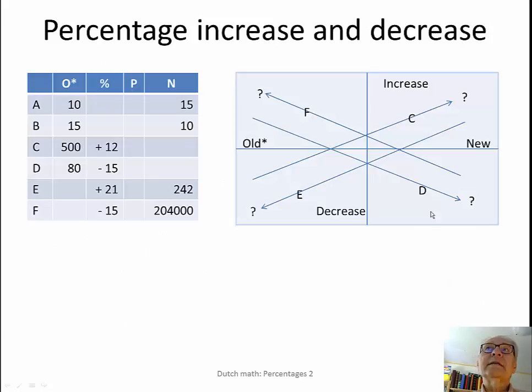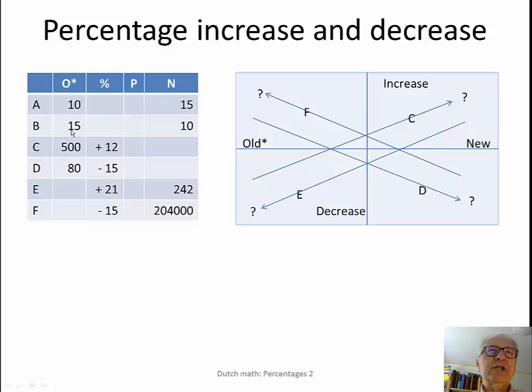Now, look at this picture. Here you've got all the 6 scenarios. The first one was from old 10 to new 15, and the percentage was required. You did not know that.